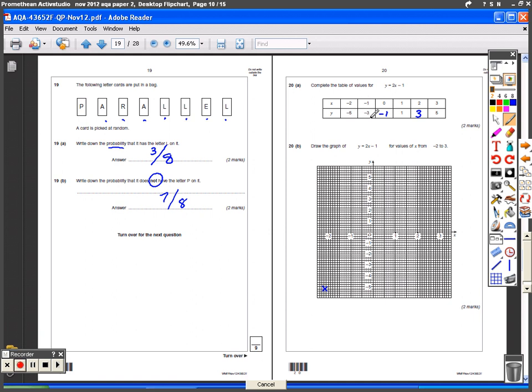Next one, minus 1 with minus 3, so we go along minus 1 and down to minus 3, like that. 0 with minus 1, 1 with 1, 2 with 3, and 3 with 5.